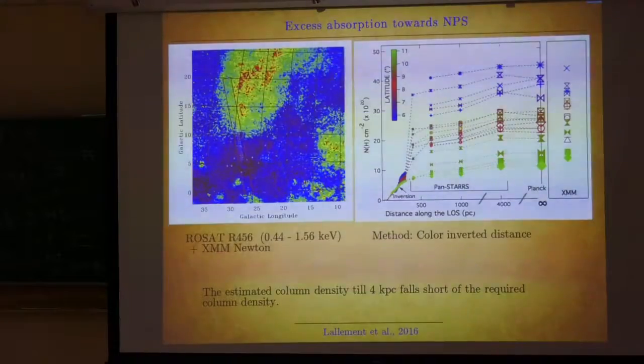The extinction-inverted column density falls short in almost every case, as you can see. This indicates that this X-ray emission is probably coming from beyond 4 kiloparsec. Even with the errors, there is always a systematic increase, a systematically higher requirement for explaining the excess spectra from the North Polar Spur.